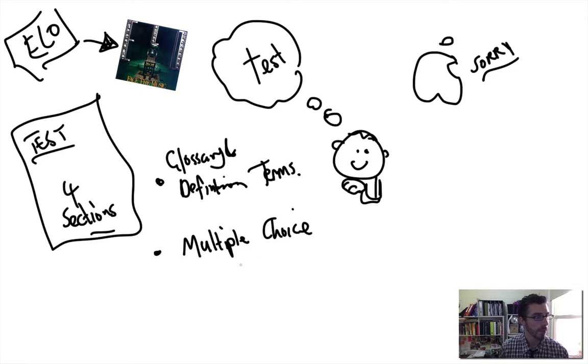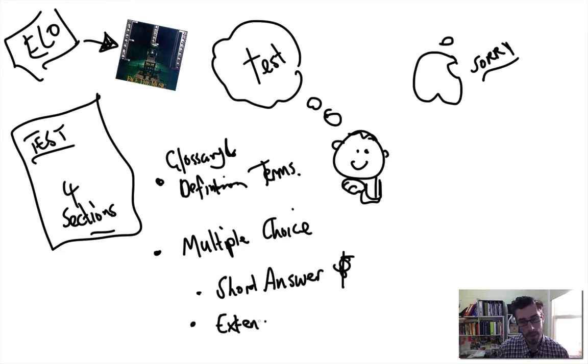And then you've got your short answer, which are worth the big bucks. Okay, so your short answer, big bucks, so big points essentially. And then finally, you've got your extended answers, and they're worth the next bit too.